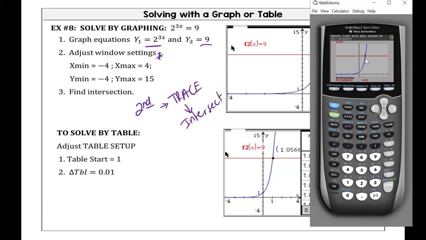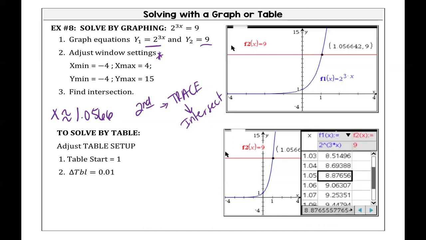This is where it intersects at 1 and some change. So now I know x. So now I can say the value of x is approximately 1.0566. That's going to be my approximate value. Okay. And that's it as far as with the calculator.